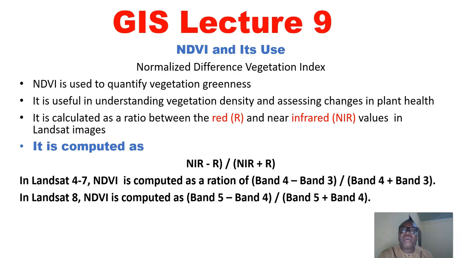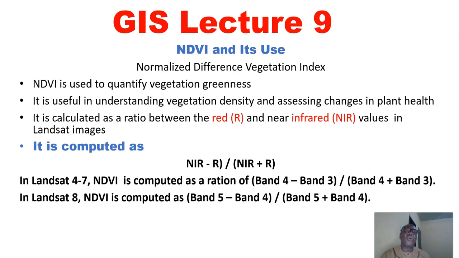But the purpose of using NDVI, especially when we are dealing with low or medium resolution images, is that it helps us look at the level of greenness, the quantity of vegetation greenness, or the health of the vegetation. It gives us the understanding to look at the density of the vegetation, the density of the chlorophyll of the vegetation, so that we'll be able to know how nitrogen rich the vegetation is.